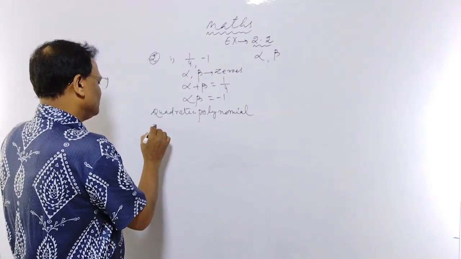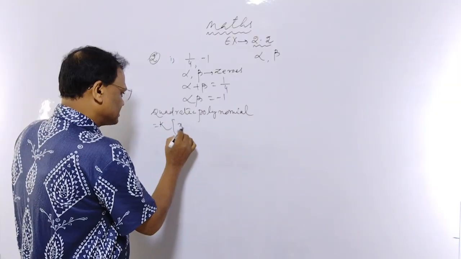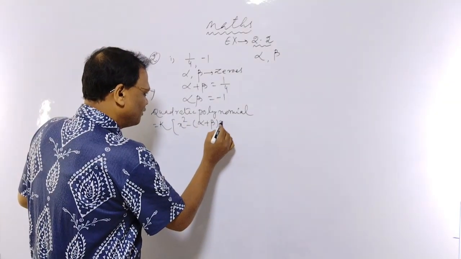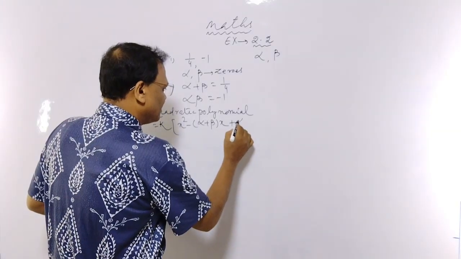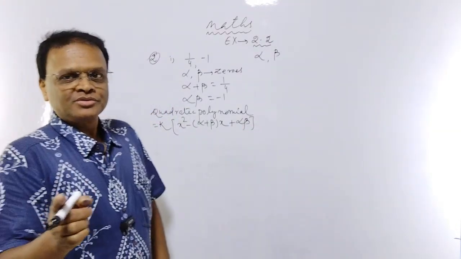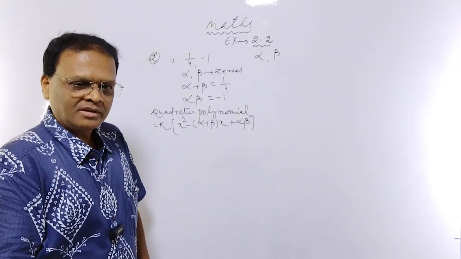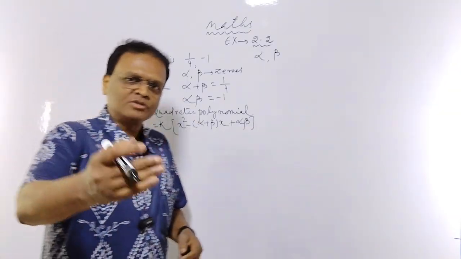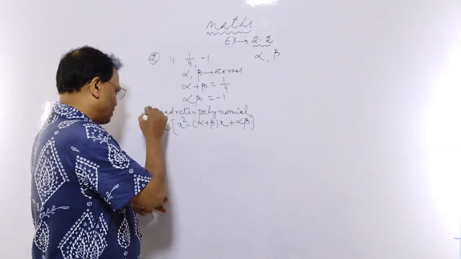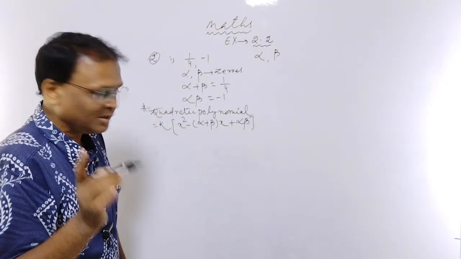It is equal to k of x square minus alpha plus beta of x plus alpha into beta. So when to use this formula? If the sum and product of the zeros are given, or even if only the zeros are given, you can apply this formula for writing a quadratic polynomial. This must be remembered. Very, very important.